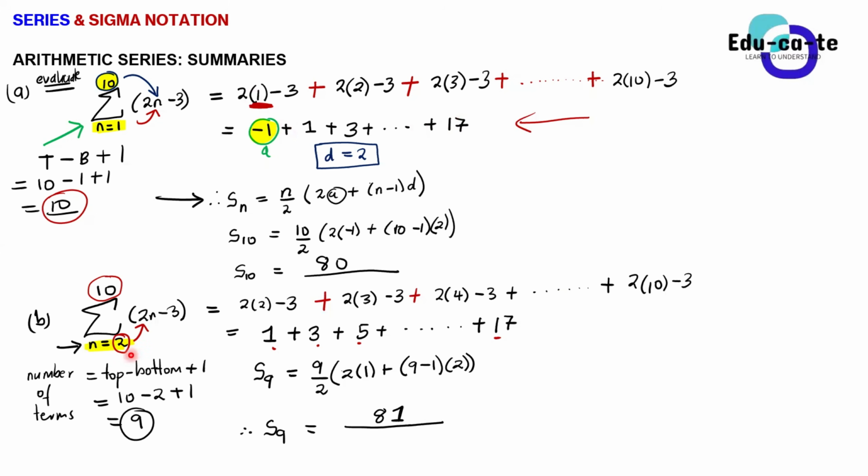But now, since you are starting at n equals 2, you are no longer adding from the first value. You are adding from the second term, and the second term here is 1. That is why when we wrote our new series, it is 1 plus 3 plus 5 and so forth and so on. Do you guys see this?